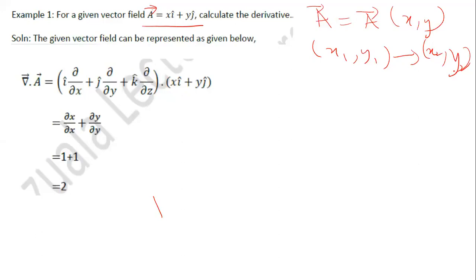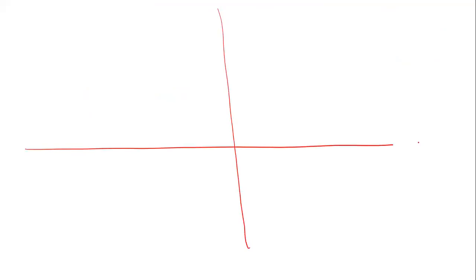This vector quantity changes from one location in space to another location in space. That means this is a vector field. Now let us try to draw this vector field xi plus yj. Let me consider a two-dimensional space, something like this. This is the x-axis, this is the y-axis.